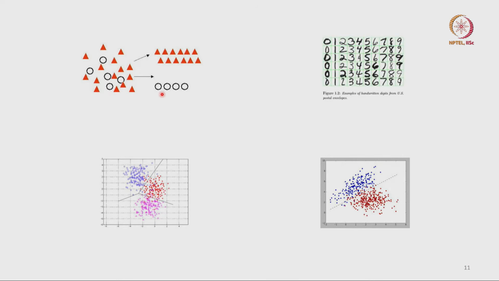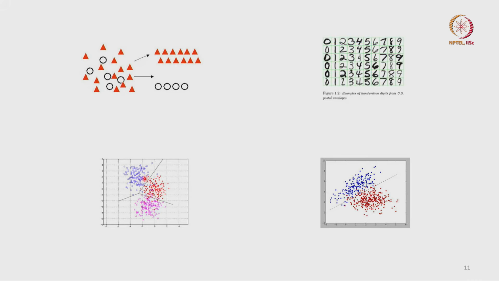We can see it is something like this. Here you have two classes, the triangle is one class and the circle is another class. If you get a new pattern, say P, how do you assign it either to the triangle or to the circle? Here also we have three classes, separated by lines, or if it is more than 2 dimensions, separated by a hyperplane.